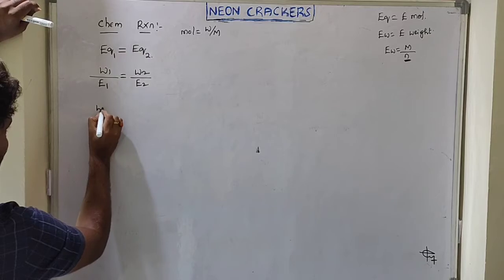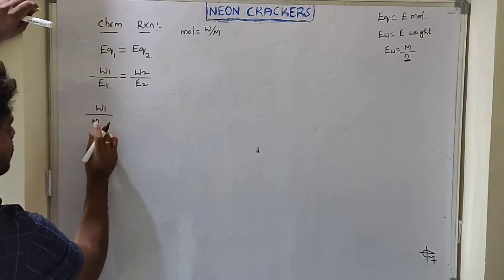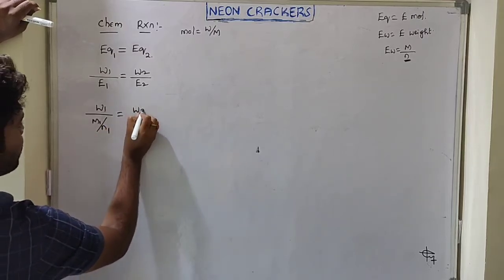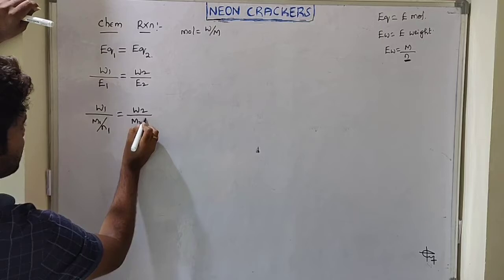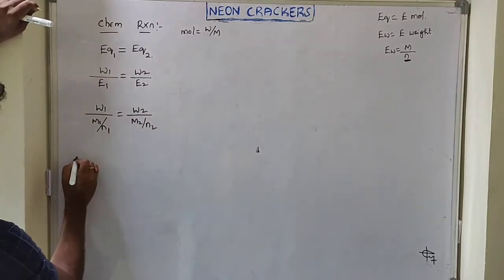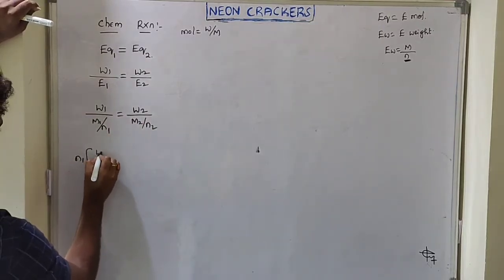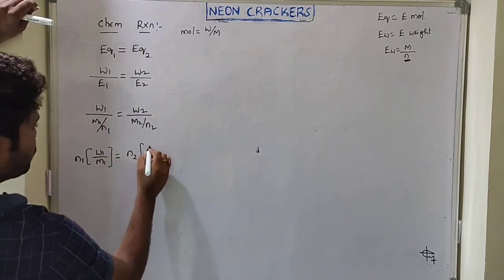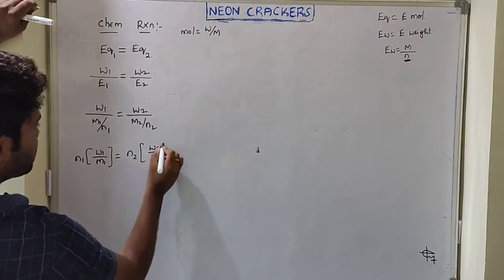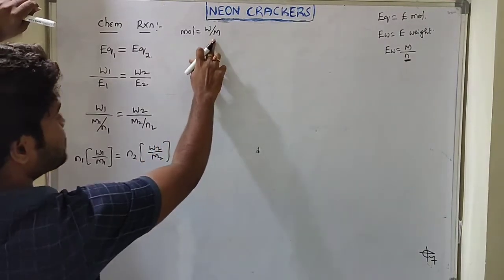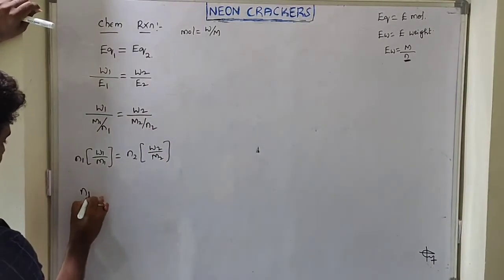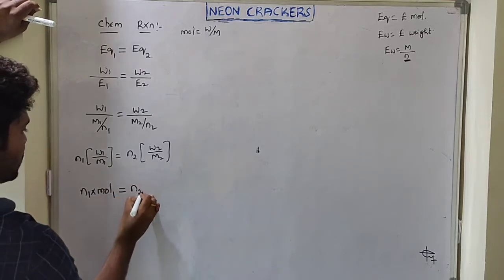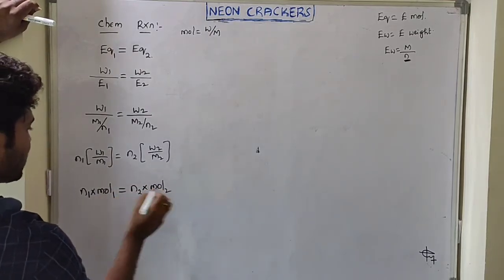So weight upon molar mass upon N factor equals weight of the second substance upon molar mass upon N factor. You can modify this: N1 into weight upon molar mass equals N2 into weight upon molar mass. And weight upon molar mass is moles. So the conclusion: N1 into moles of the first substance equals N2 into moles of the second substance.